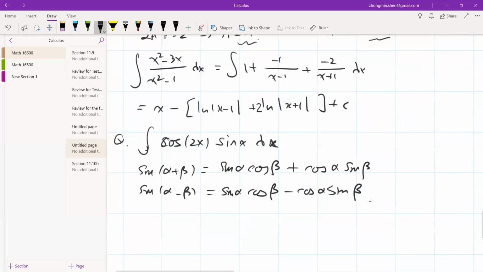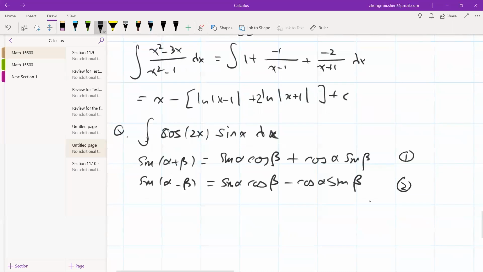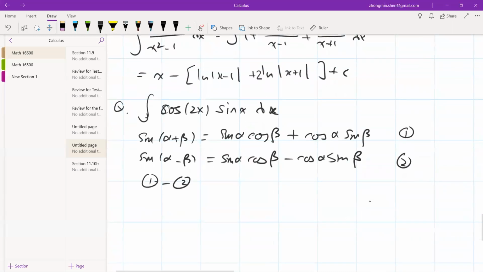So in order to get cosine sine, I can use subtract. Because I memorize those 2 formulas. I always forget the other 2 formulas. That's the reason I have to derive it again. But if you memorize, that's great.